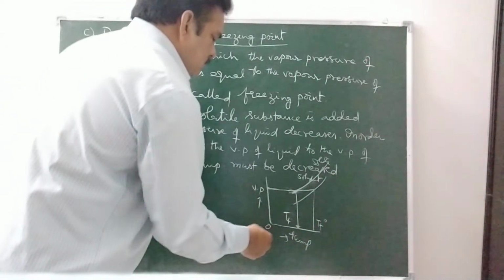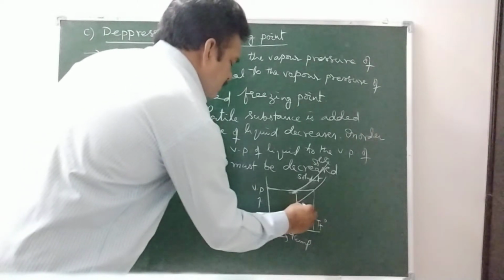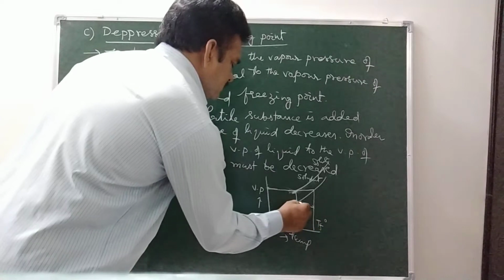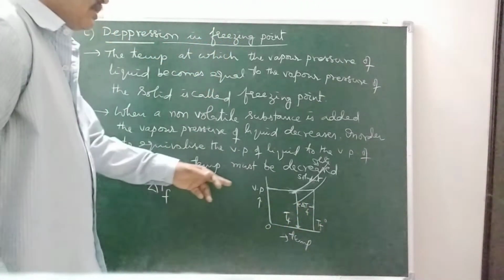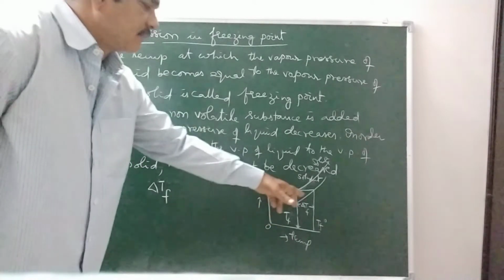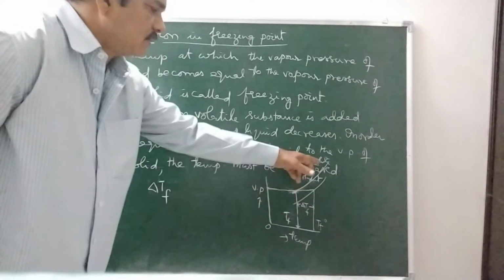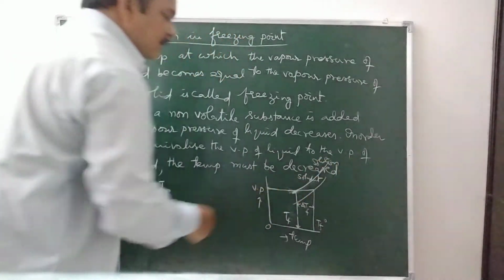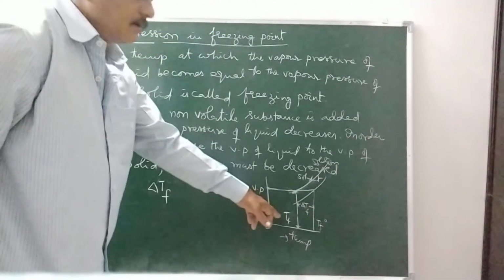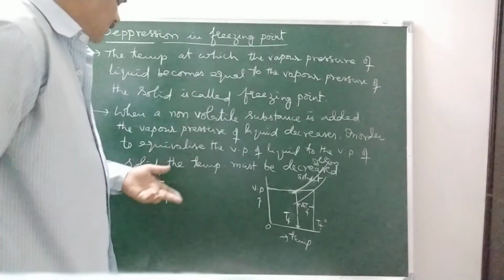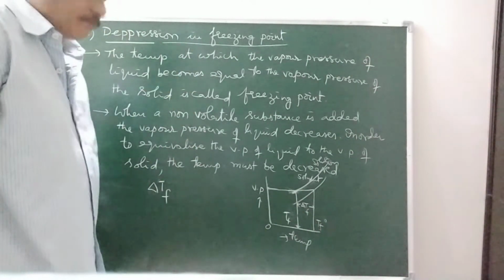So the difference between these two is called delta Tf, that is the lowering or depression of the freezing point. This is for the solvent and this is for the solution. So this decrease in the freezing point is called the depression in the freezing point.